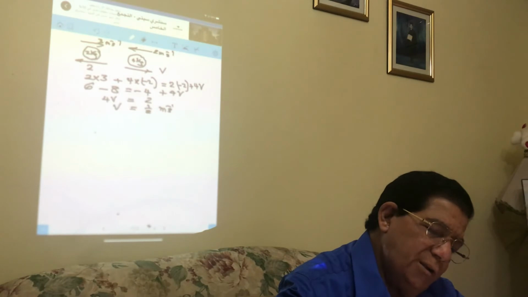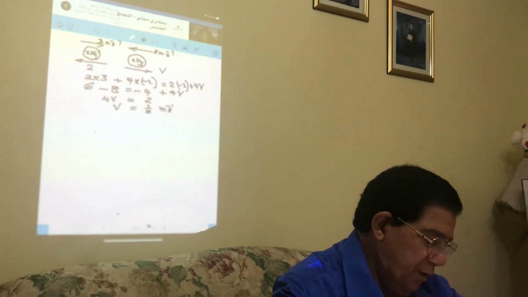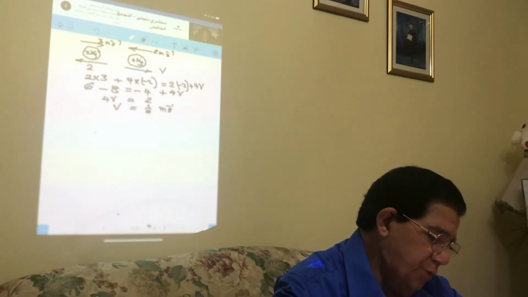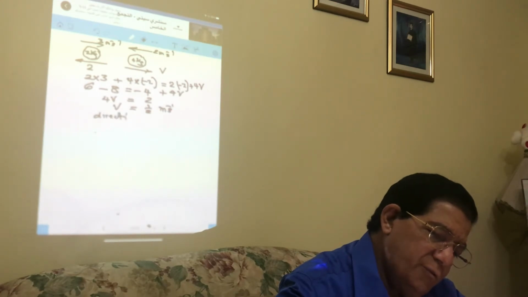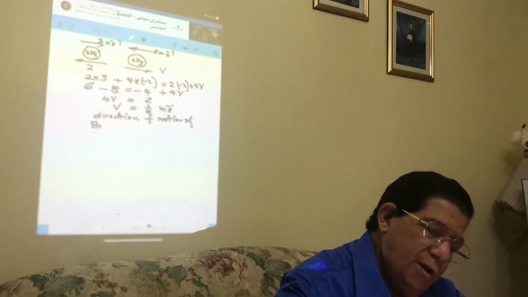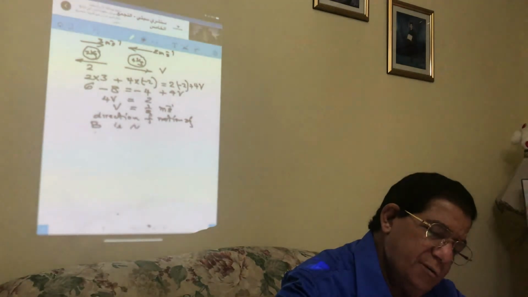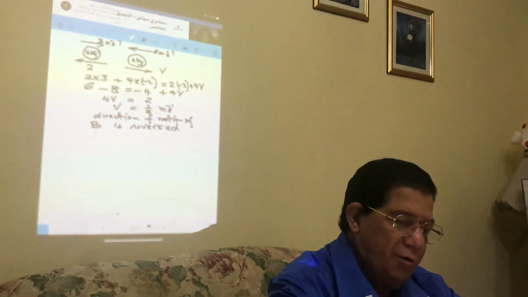So when you are asked to give the direction of motion of B, we say the direction of motion of B is reversed. Why? It was moving to the left, now moving to the right.